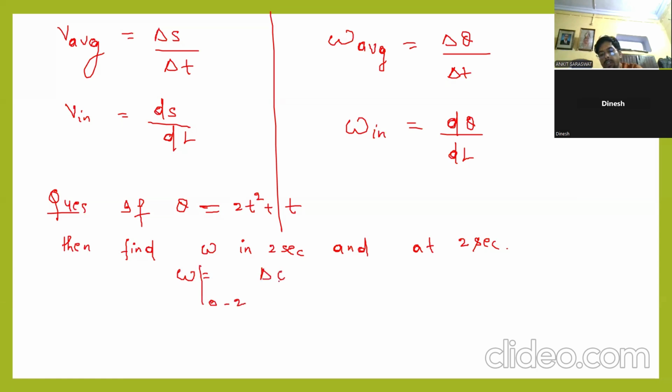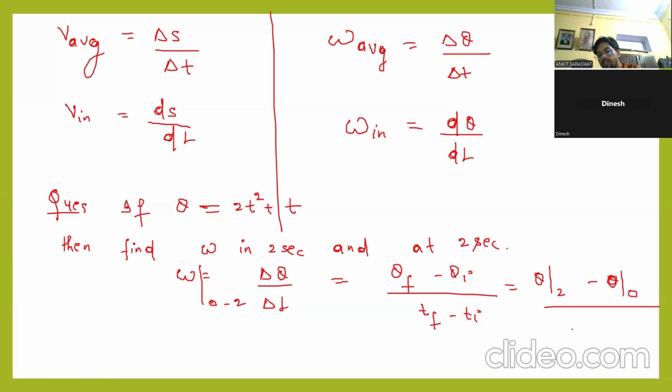So omega is delta theta by delta t, that is theta final minus theta initial by t final minus t initial. Final means at 2 seconds, initial means at 0 seconds.